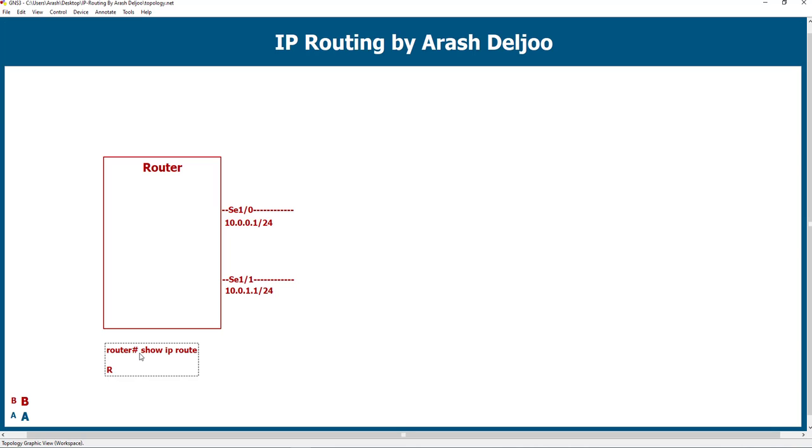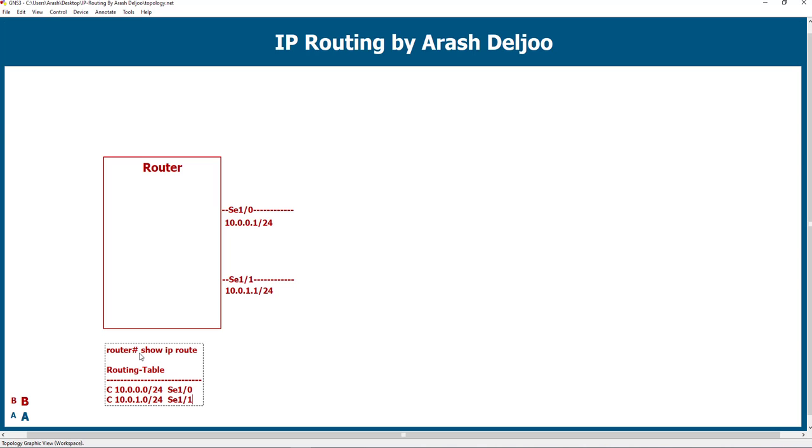In the routing table of this router, we have two connected networks. The first connected network is 10.0.0.0/24 connected to serial 10, and the second is, for example, 10.0.1.0/24 connected to serial 11.